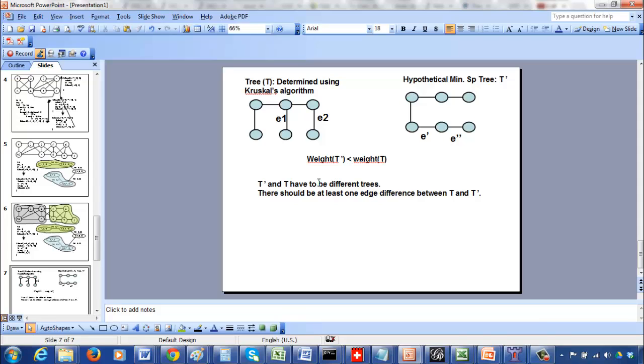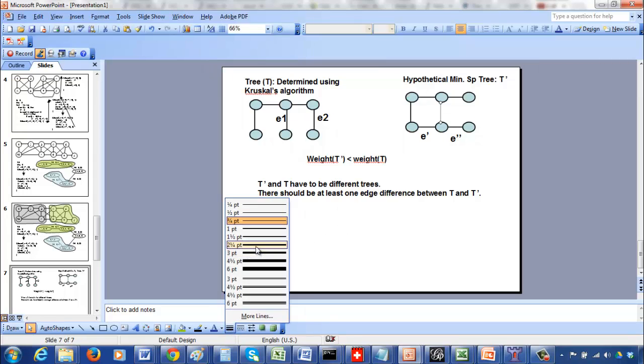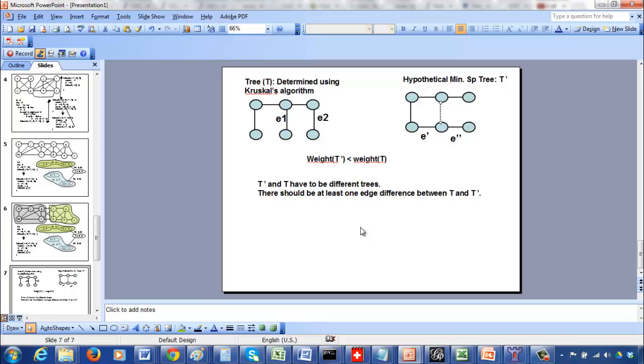Now what we will do is pick an edge, say E1, that is in T and not in T prime. I'm going to put that edge in T prime. If I put that edge in T prime, it's going to create a cycle, right? So this is my E1.